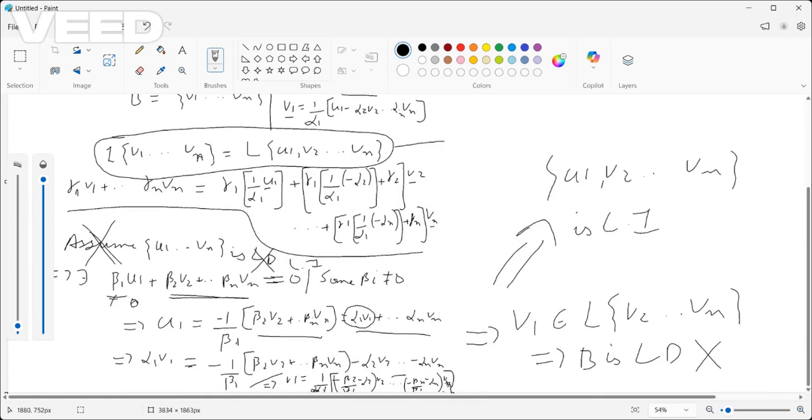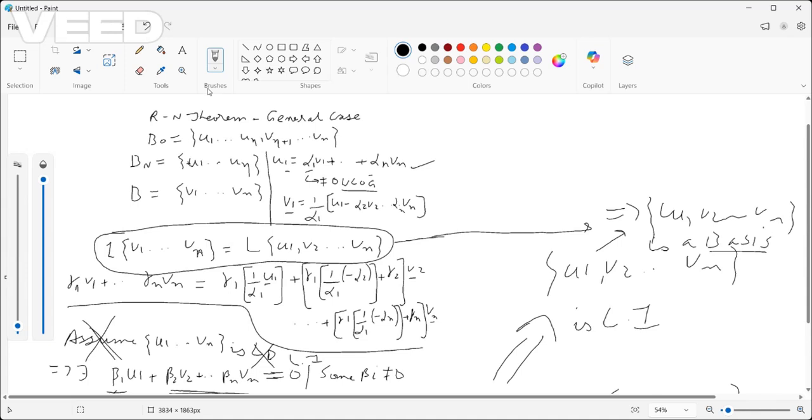These two imply that u1, v2 to vn is a basis. So what we've done here is push out v1 and push in u1. Now you can continue this process. I'm not going to complete the whole proof. It goes on the same lines until we have pushed in all u1 to u nu and pushed out v1 to vn.